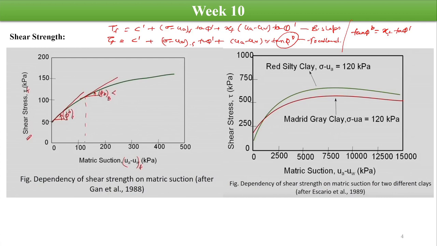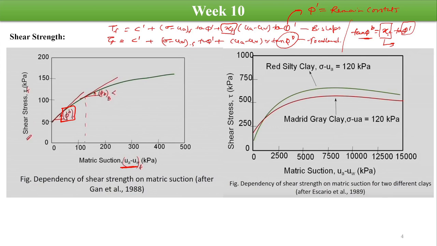Here one observation given by several researchers is that as the value of matric suction, that is ua minus uw, increases, the shear strength increases. If we observe the value of phi b, as we have seen in the last example, we have assumed that phi dash will remain constant for all the tests. But the value of xi f is varying, so if phi dash is assumed constant, the value of phi b will be varying.